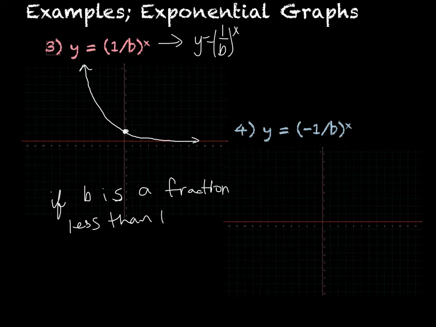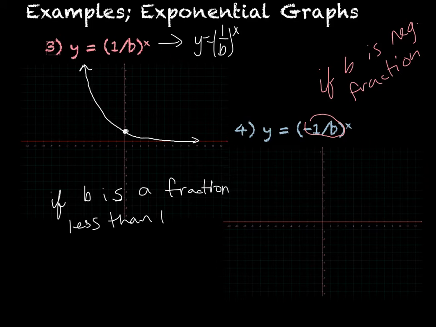And my last option is if the b, the thing inside, is a negative fraction. Okay, so in this case, we have y equals -1 over b to the x power.